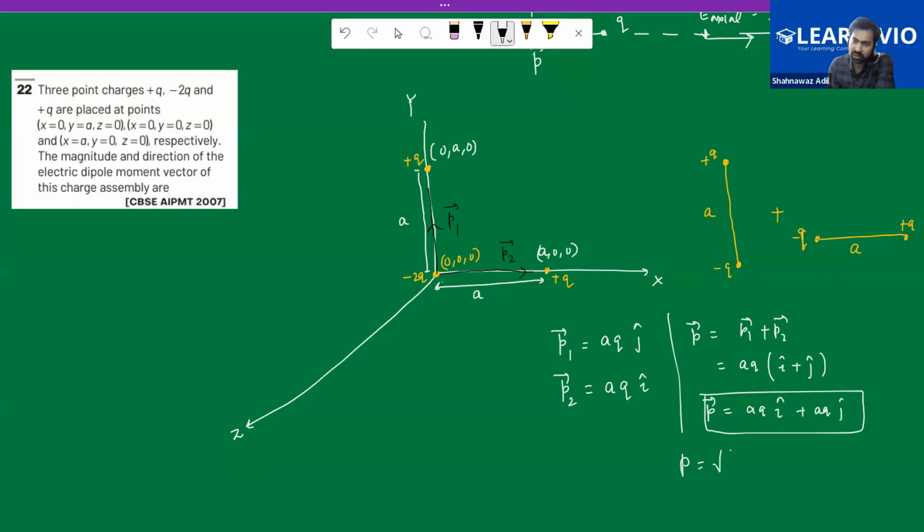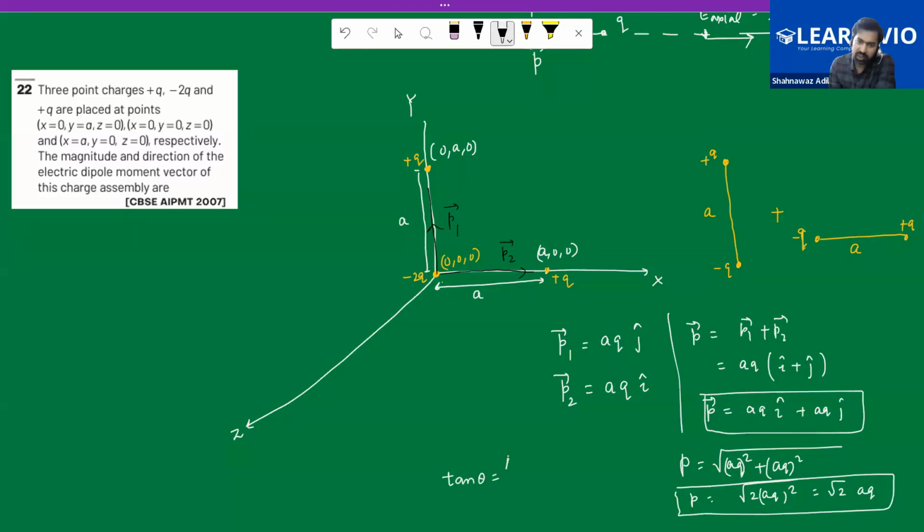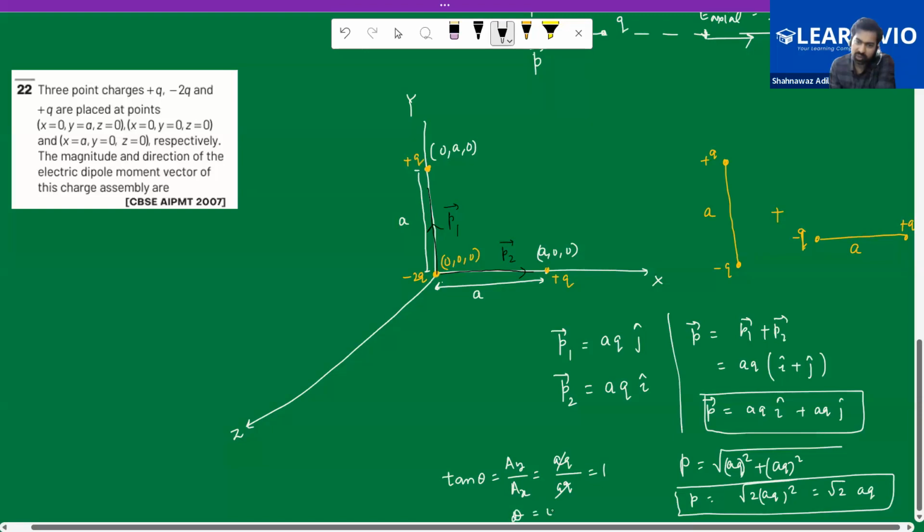Magnitude would be simply root of (aq) square plus (aq) square, so this is root of 2(aq) square, so this is root 2 aq. This is the magnitude, and the direction would be tan theta equals Ay upon Ax. Ay is aq, Ax is aq, this cancels and this is 1, so theta would be 45 degrees. So this would be the answer.